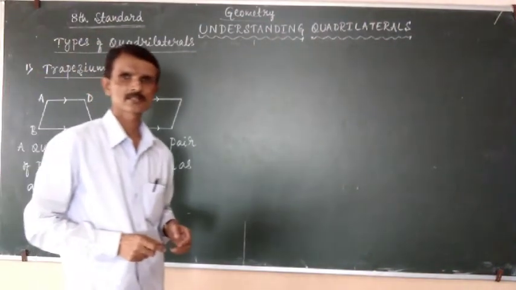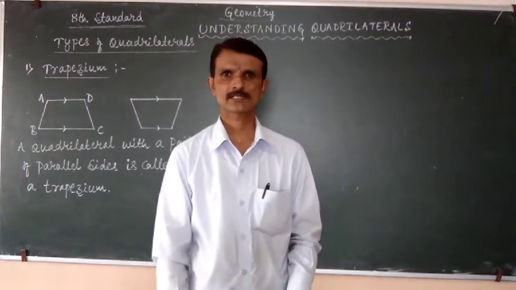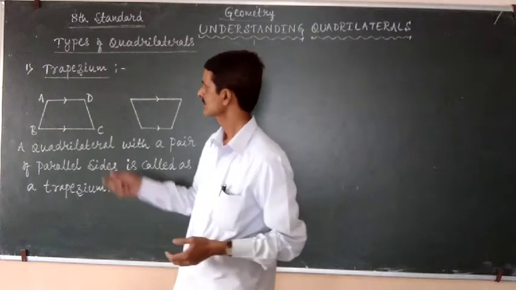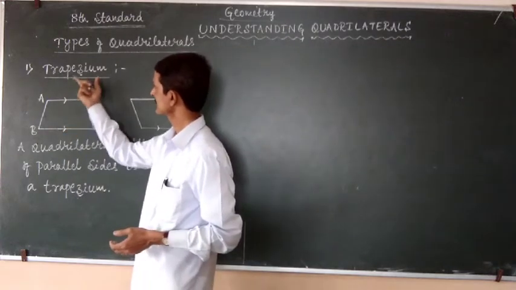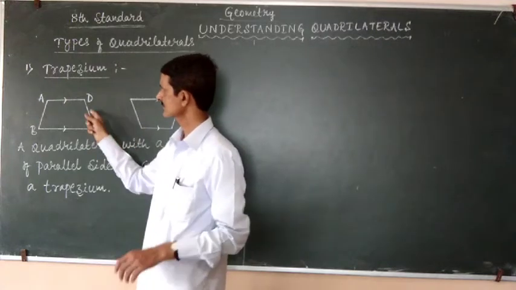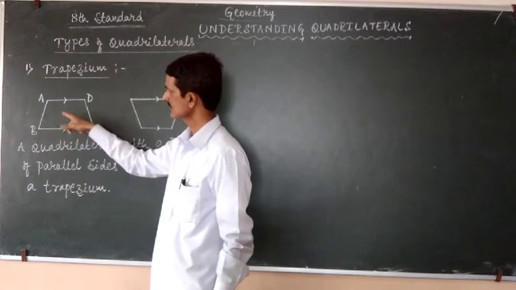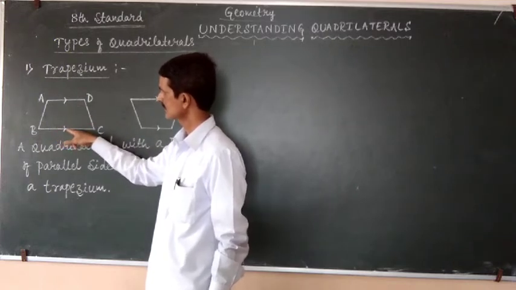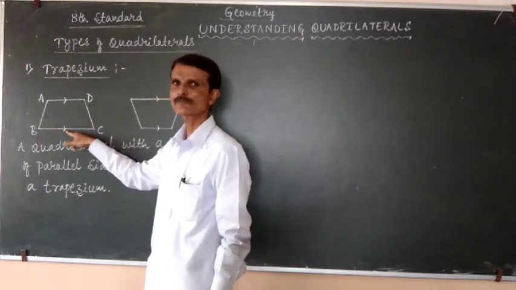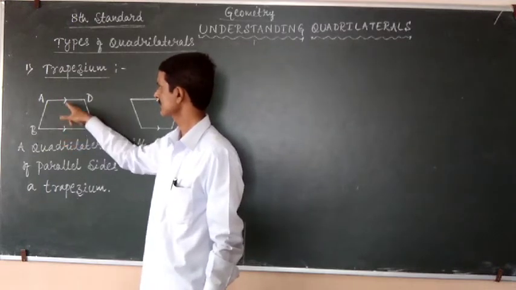Now, students, the first type of quadrilateral we will see is the trapezium. If you observe these figures, it has four sides. Among these four sides, there is one pair of opposite sides that are parallel.